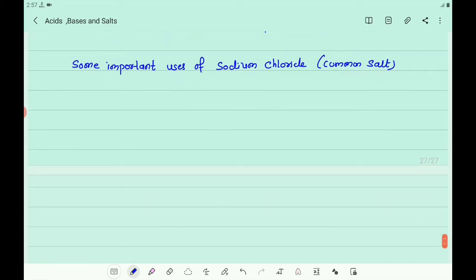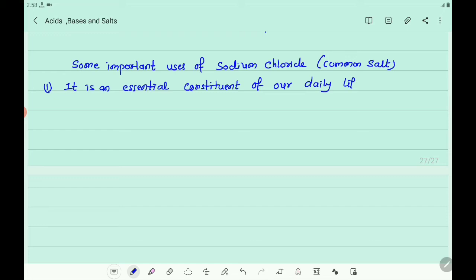So it is called the cooking salt. So write that it is an essential constituent of our daily life and is used for making food items.